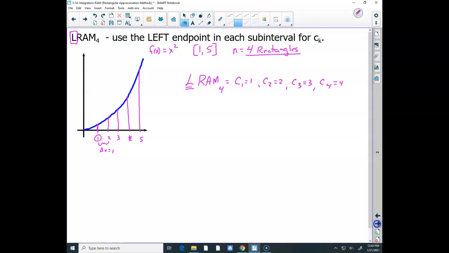These are my x endpoints that I'm going to be using to make a rectangle. These determine heights of rectangles.